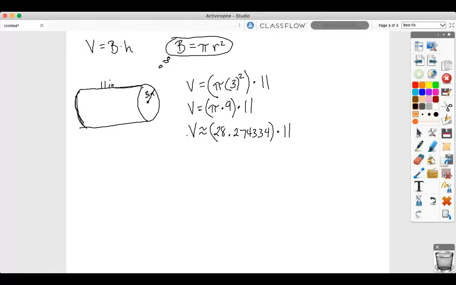You take that, you multiply it by 11. That gives us a volume of approximately, now is when you round, 311.02. Now here we had inches times inches times inches. So that's inches to the third power.